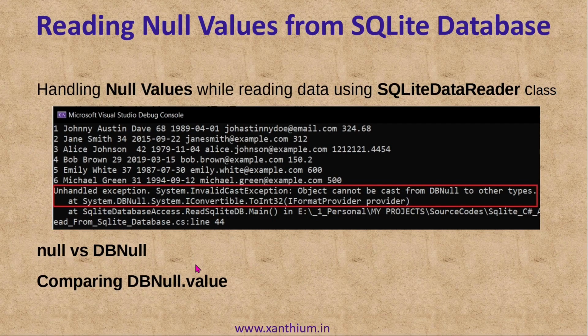To compare both of them, we have to use the value property of DB null. So we have to check if the return value is equal to DB null dot value. Then only we can check whether the value returned by the database reader, that is the SQLite data reader, is a null or not. So here we will do that.